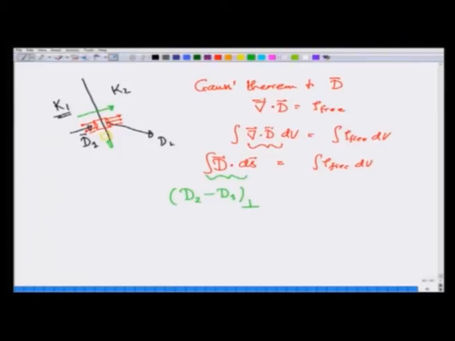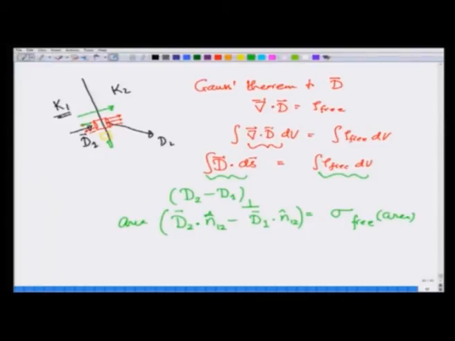So, in any case, I can write this also as D2 dot n from 1 to 2 minus D1 dot n from 1 to 2, because n from 1 to 2 is opposite of this, is equal to, as I make the box smaller and smaller, the only charge that will be left here will be sigma free times the area of this box. This will also be area times this box.